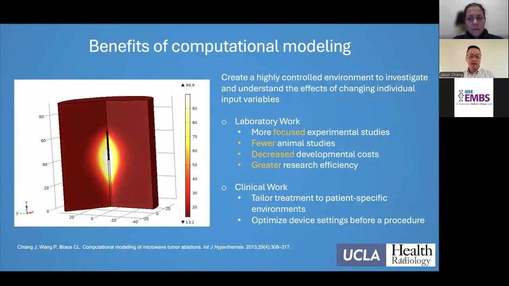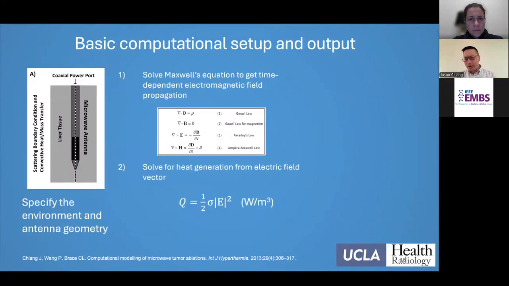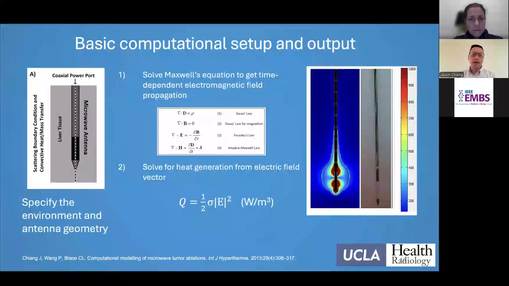Similarly, with microwave antennas, you can optimize device settings before a procedure. Very briefly, this is a computational setup we do, where we can specify the antenna geometry beforehand, and you can test different geometries.